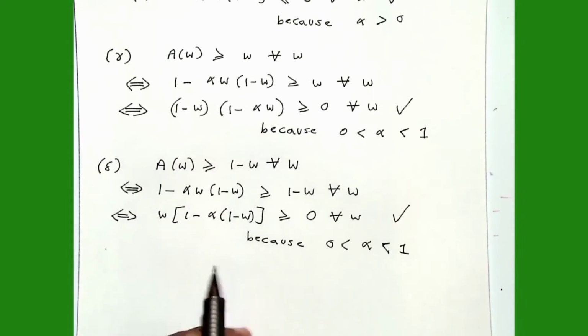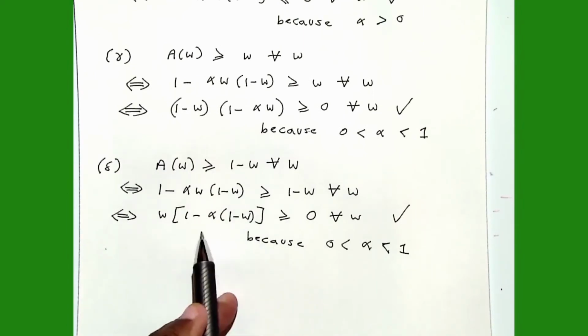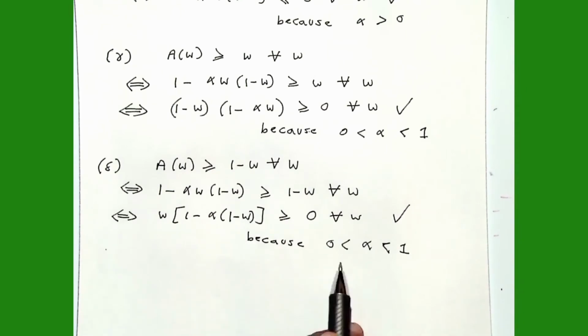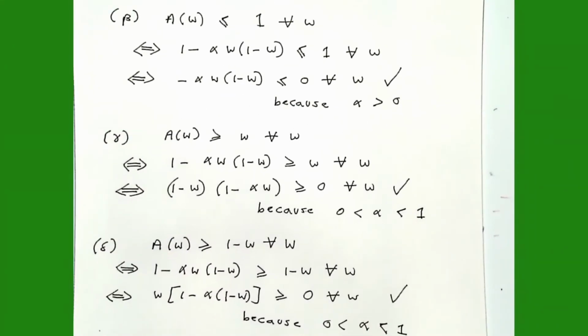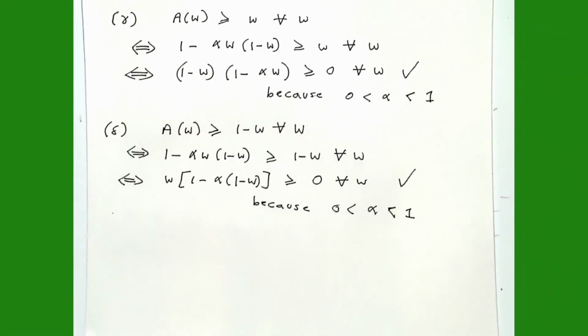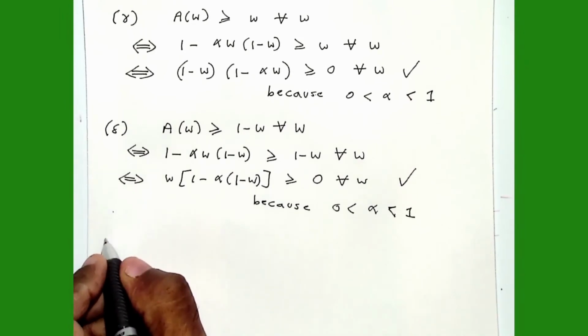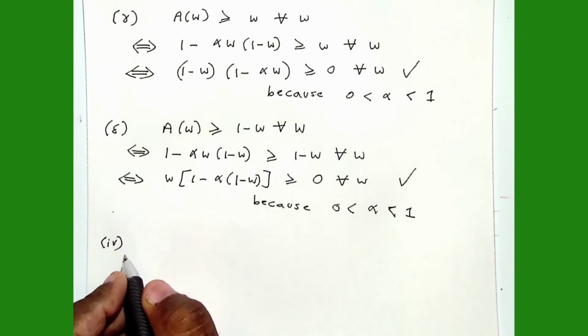So 1 minus alpha times 1 minus w will be a non-negative number if this is true, right? Okay, so all three, so the beta, gamma, and delta, all conditions hold. So condition 3 is satisfied. So the only remaining condition that we need to check is condition 4, which is that A must be a convex function.